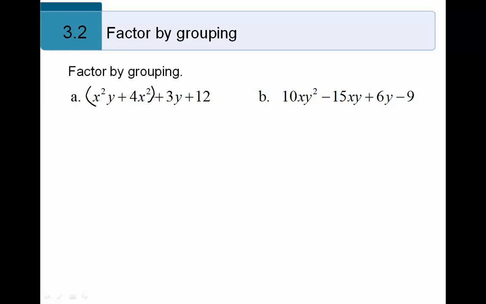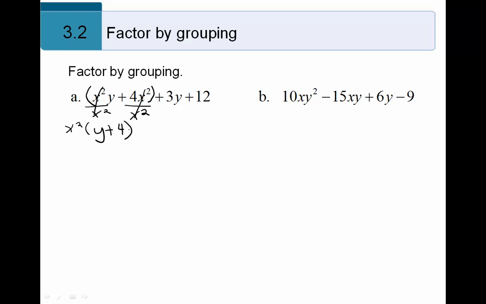That's all they can have in common. Notice the 4x squared doesn't have a y, so a y can't be part of the GCF. So it looks like they have in common x squared. So I'm going to factor out an x squared. So I'll divide this by x squared and this by x squared. So I'll be left with y plus 4.